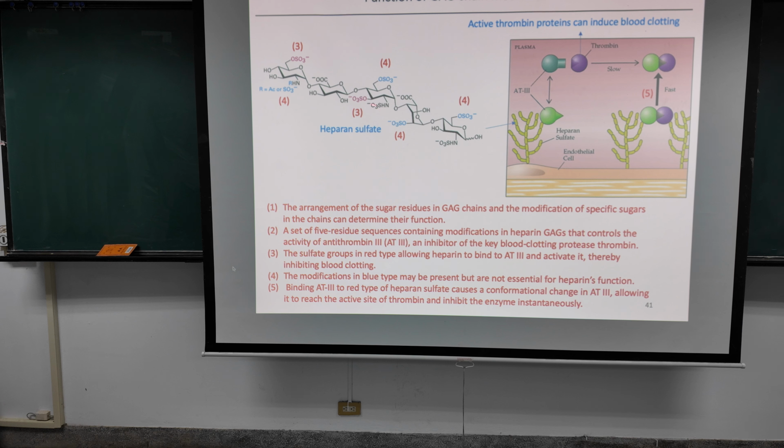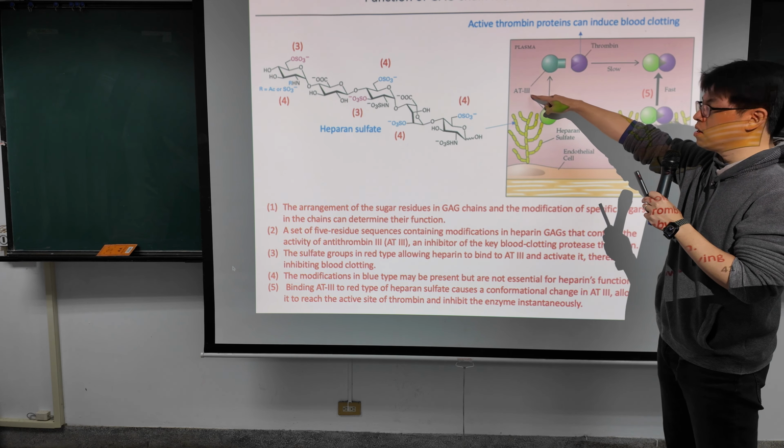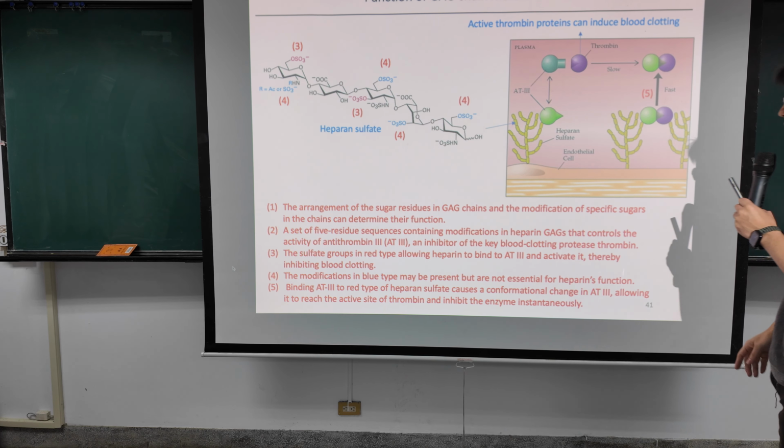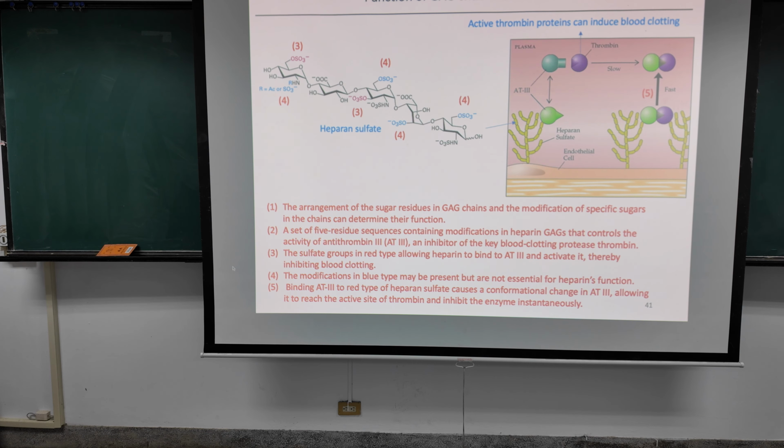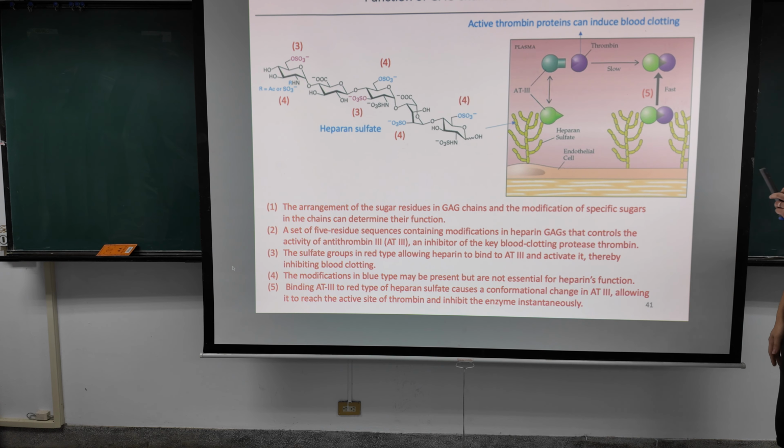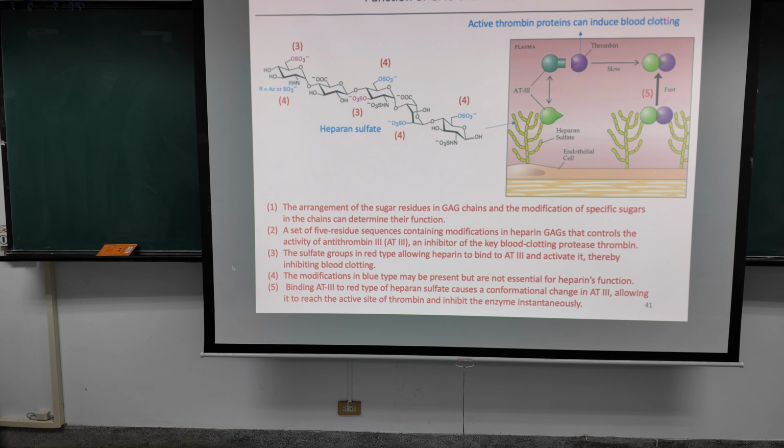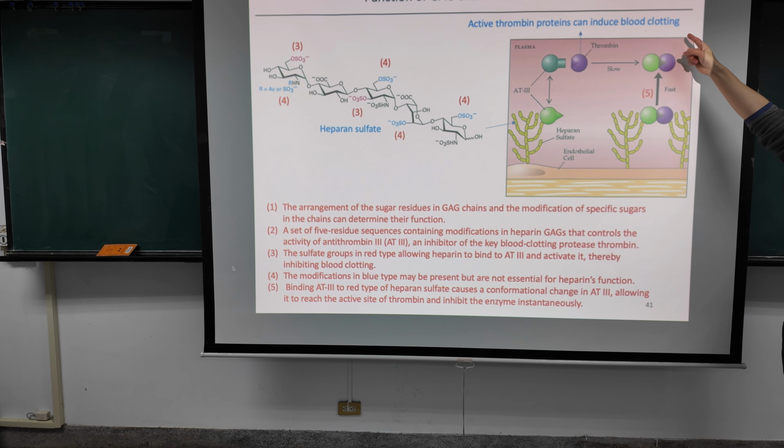The pink one is good for the AT3 protein binding. This AT3 is called antithrombin. It will block thrombin protein's function, and this thrombin function is trying to induce blood clotting. So antithrombin will inhibit thrombin function and suppress blood clotting.